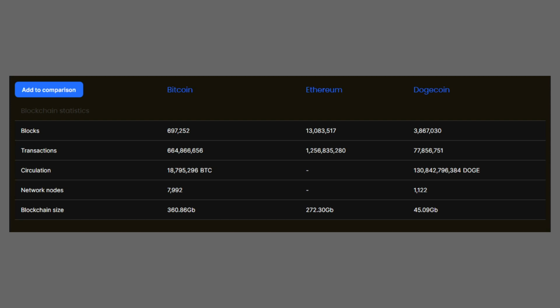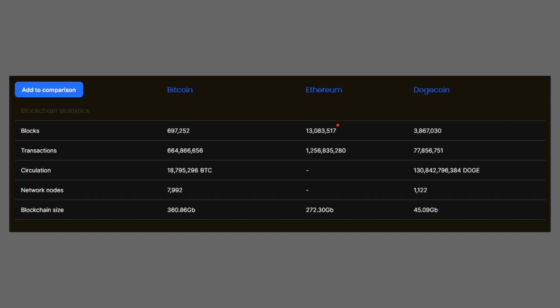Here are some comparisons between Bitcoin, Ethereum, and Dogecoin. So here we see in terms of blocks, the amount of blocks of data added. Currently, Ethereum is leading, at least in comparison between these two other coins, with 13 million blocks added to its blockchain.